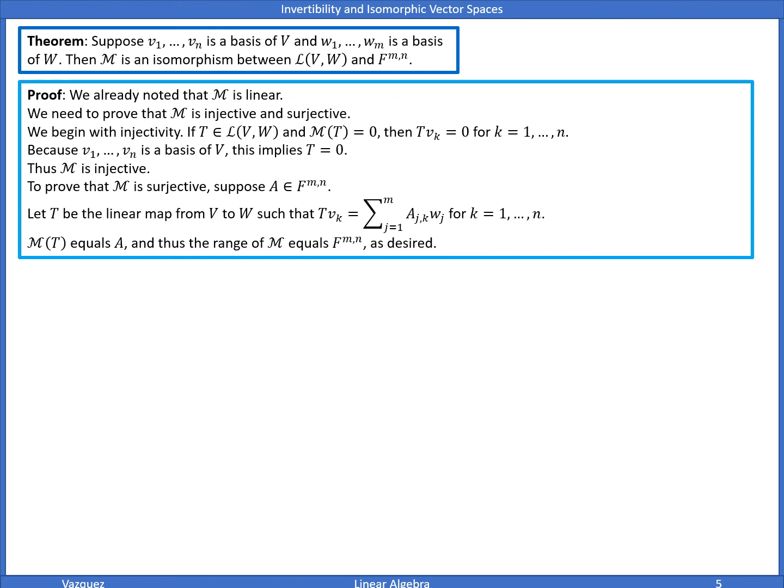So from the last slide, if you remember, the dimension of the space of all m by n matrices was equal to what? Well, just m times n, right? Well, if this is isomorphic to the set of all linear maps from V to W, what does that mean?